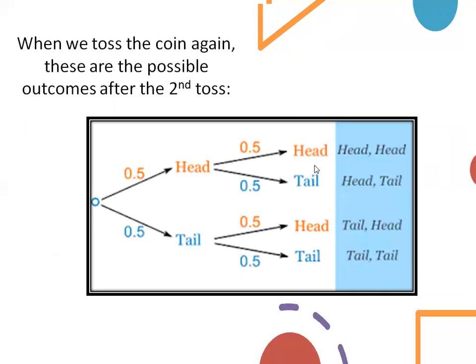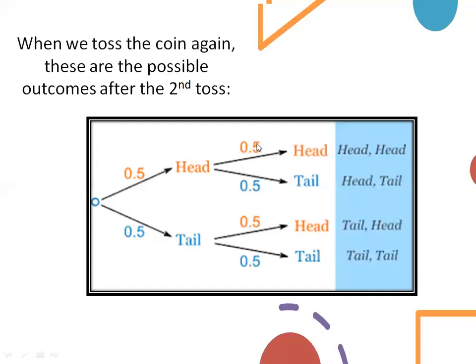Look here, these two instances are written over here. If we get a tail in the first toss, we can either get a head or a tail in the second toss. So we can also get a head or tail as the final outcome after the second toss.